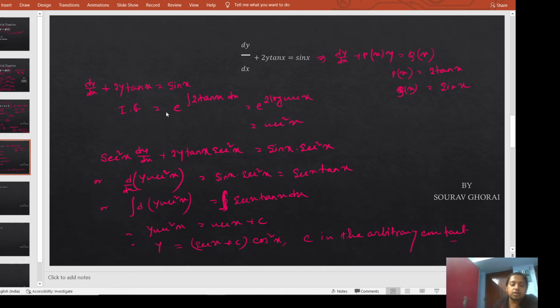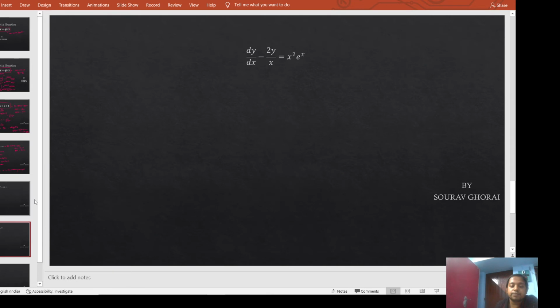So now I hope you understand how you can solve this one. And now I am going to solve the last problem here. The question is dy/dx minus 2y by x is equal to x² e to the power x.